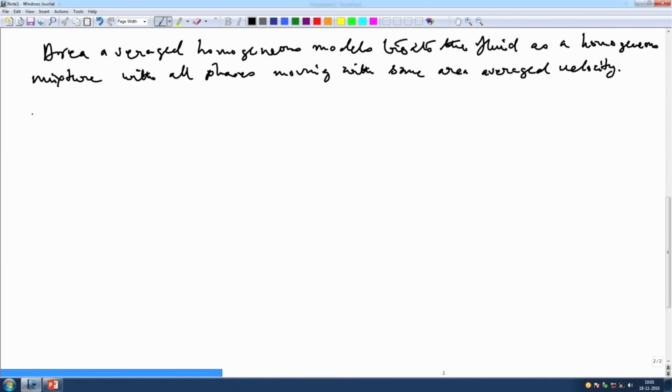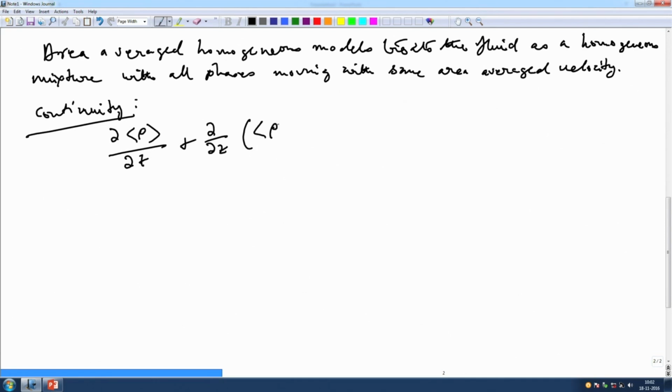So, based on this, if we write the continuity, and we will move fast with this because you have already done a lot of continuity equations in the two volume averaged sections that we did. Remember, only one dimension remains, the other two dimensions are basically lost, because you have averaged them out.